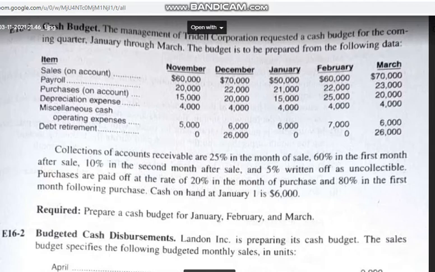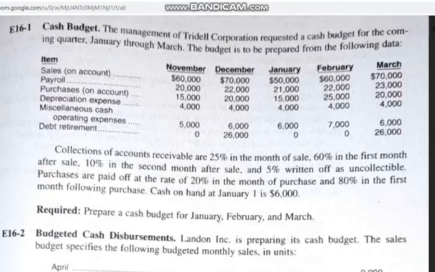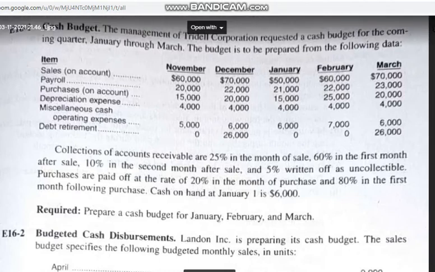Okay, so take note of the items that are given. So sales account, 60,000, 70,000, so on and so forth. Payroll, purchases, depreciation, miscellaneous. Since we're talking about cash budget, you should be able to understand which of these ones would affect your cash. One would be payroll. This is cash disbursement.